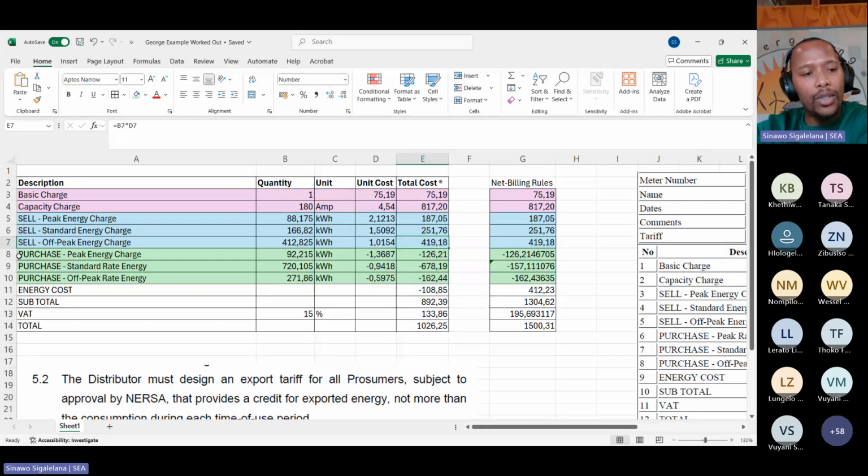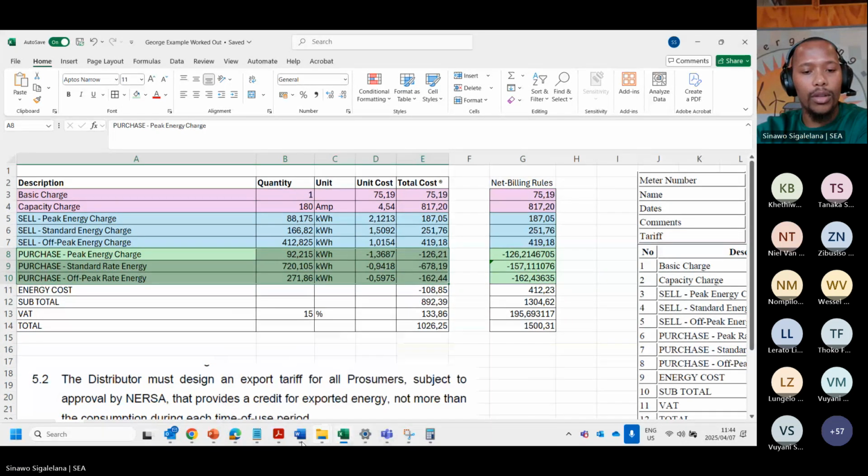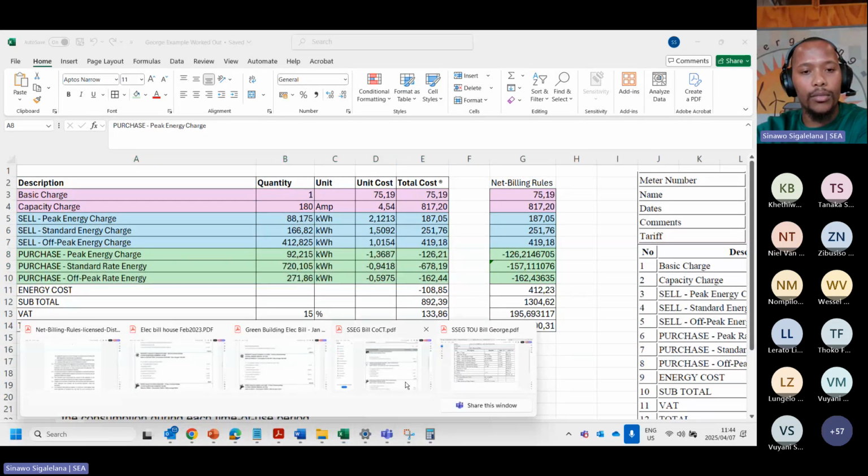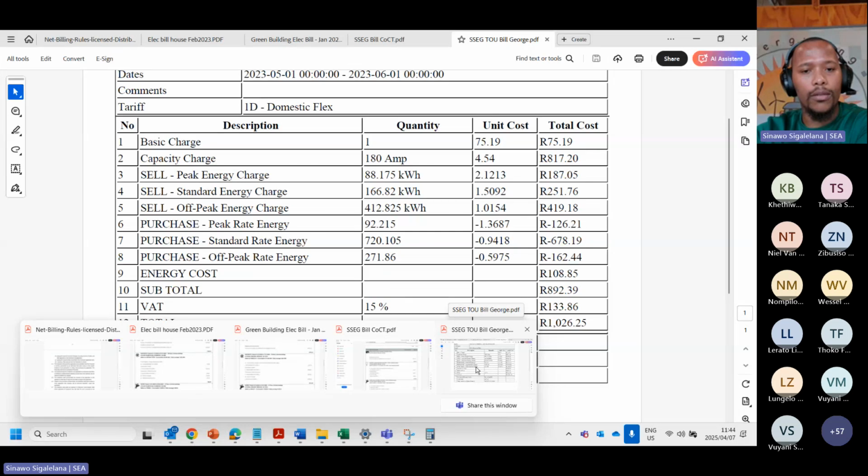And then the green, which is why we are here, these are the export credits, time of use export credits. You see, it's 92. Let me just double check. All right.